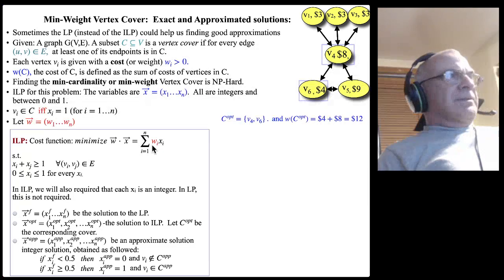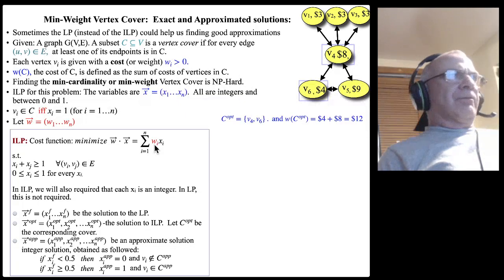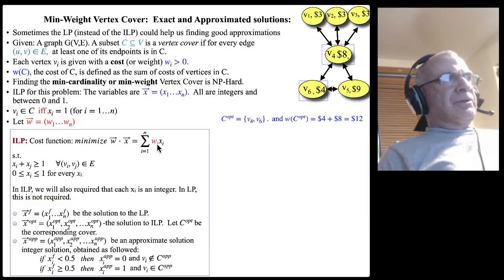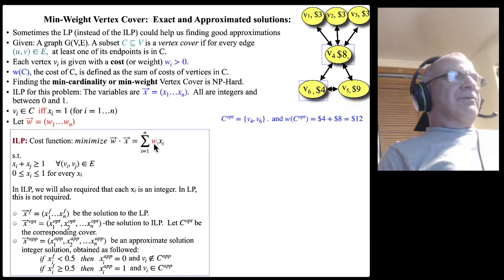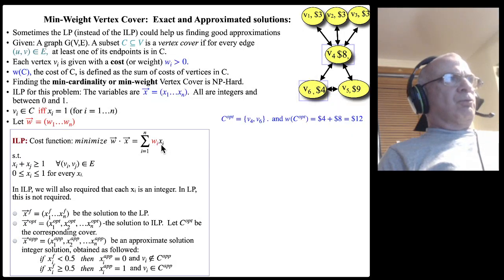So the cost function is, of course, to minimize the sum of the cost of the vertices that we are using. Mathematically, we'll write it as the sum of all the weights of each one of the vertices times, are we taking it, namely xi is 1, or are we avoiding taking it, namely xi is 0.